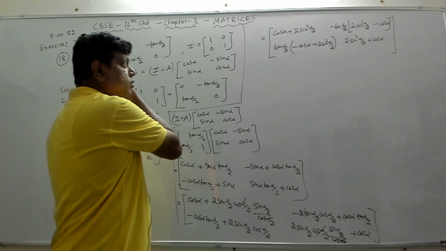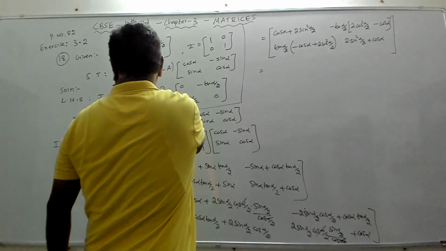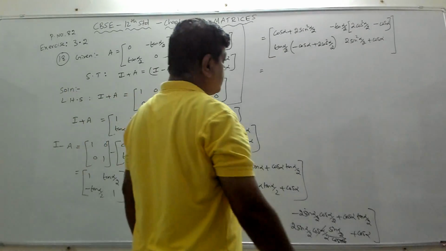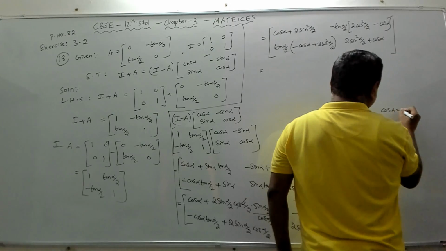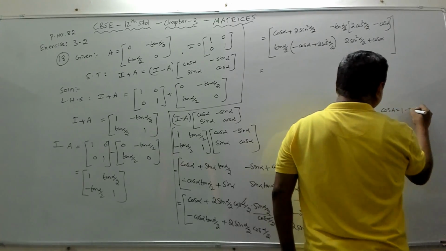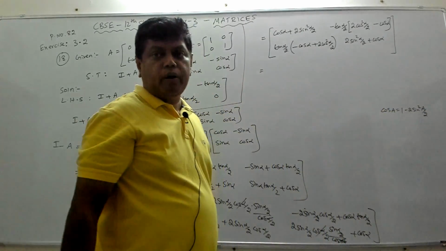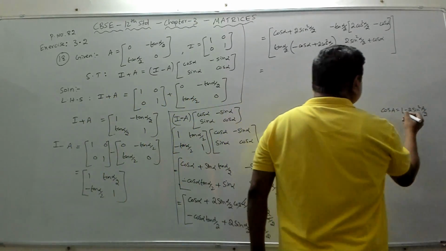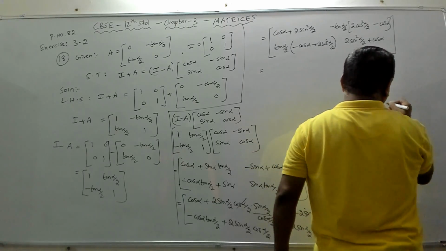And if you observe here, we are going to use a couple of formulas, which is our cos 2a formula. So cos a can be written as 1 minus 2 sin square a by 2. We get this from the cos 2a or cos 2x formula.